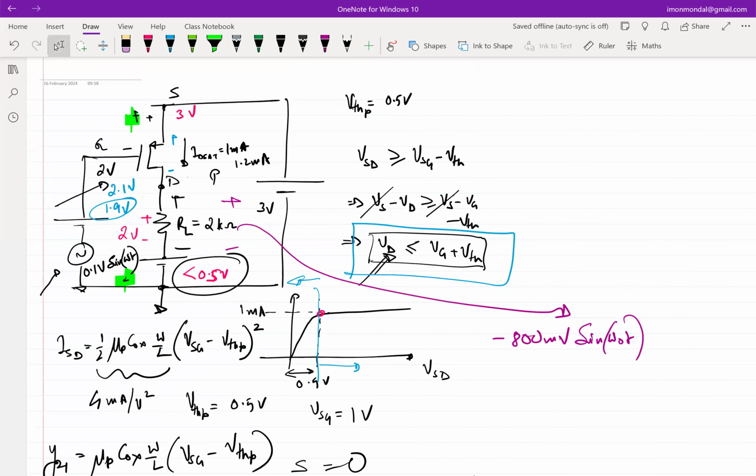So with the way I had biased it here, we clearly see that there is not enough margin, because we saw that if we bias it at exactly 2 volt, we don't have any margin at all. So what are the other handles that I can tweak now?